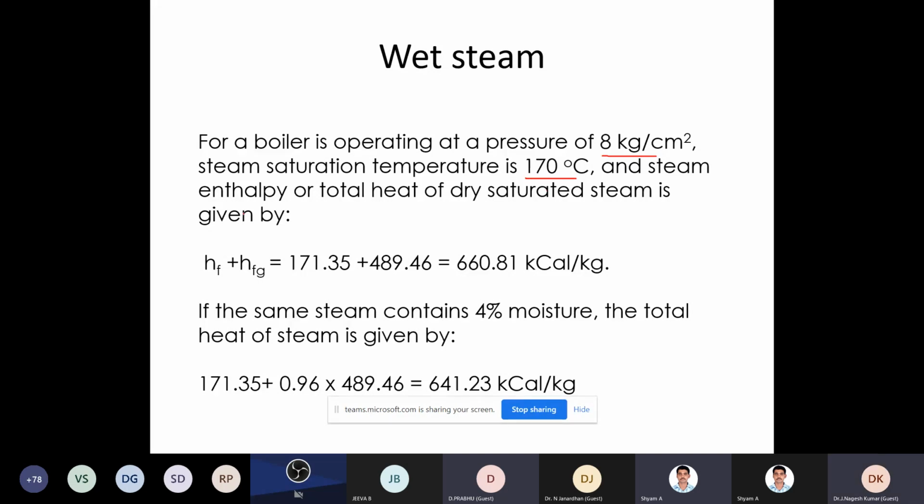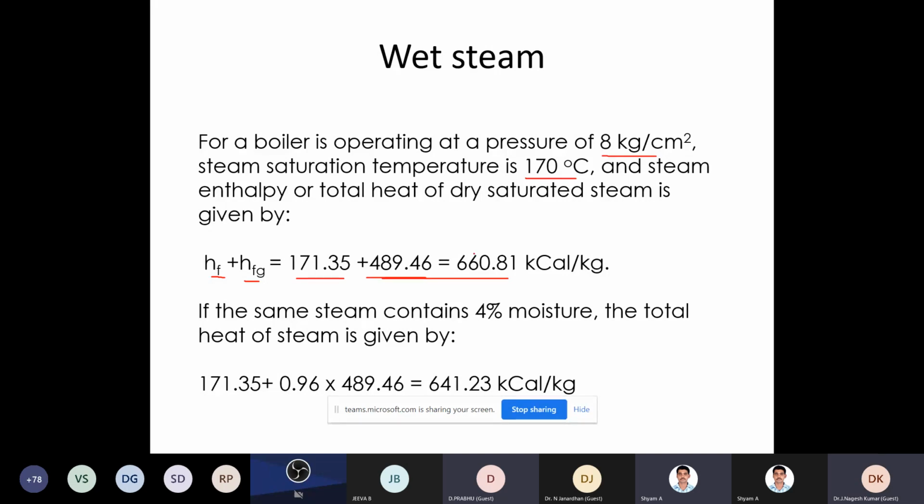And the steam enthalpy is given by hf, that is sensible heat, plus latent heat. So corresponding to this pressure of 8 bar, sensible heat is this much, latent heat is this much, the total heat is this much. So this is for pure saturated steam.